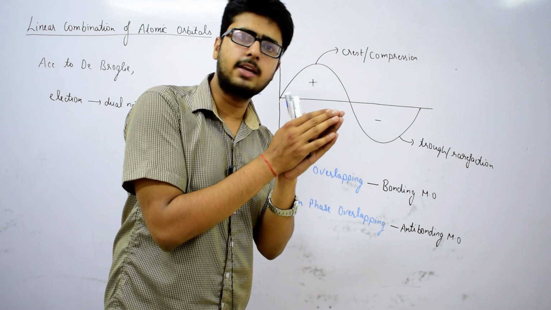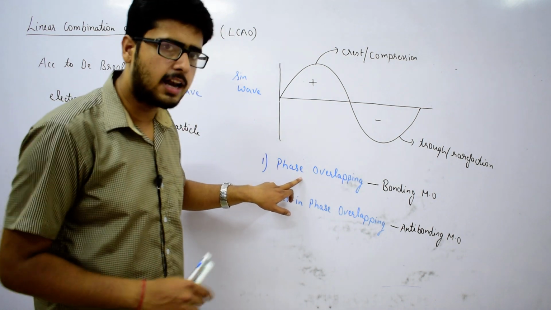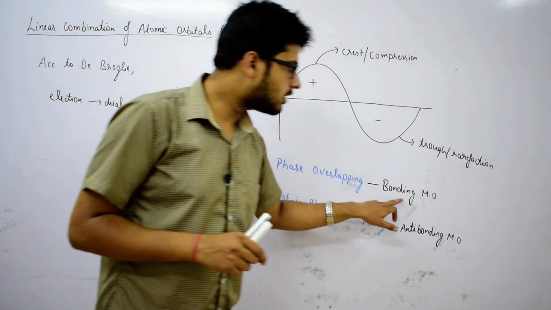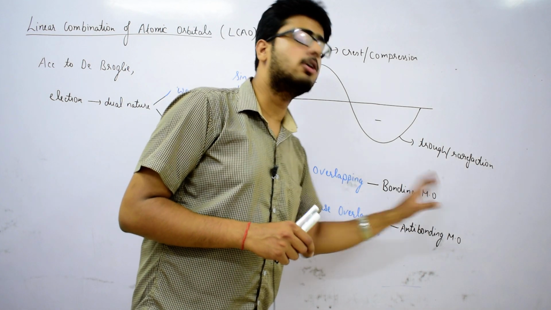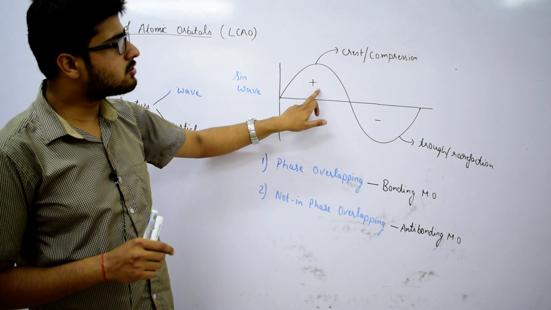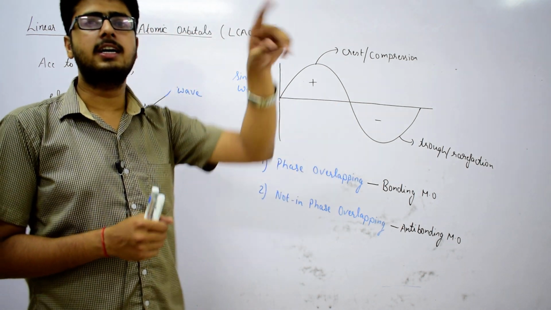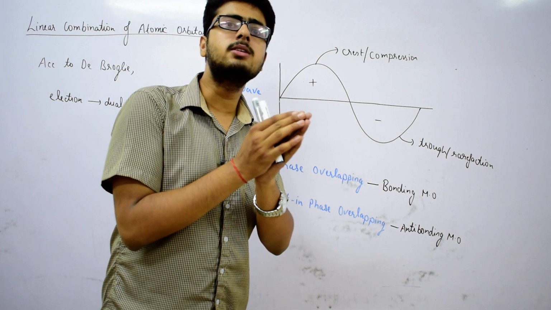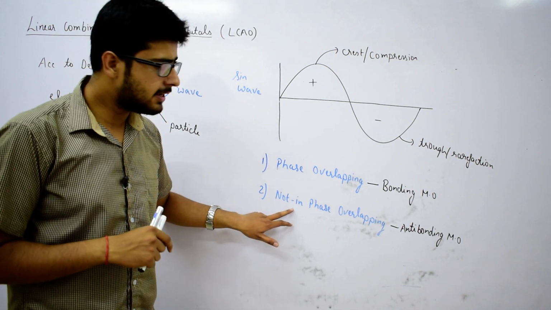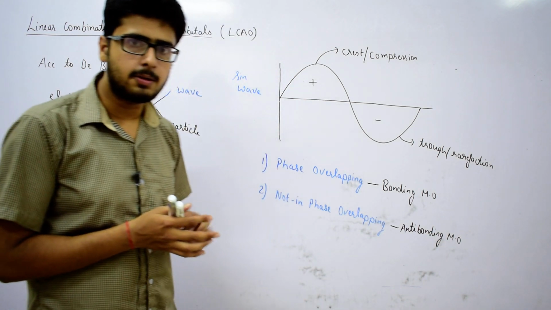If there is overlapping of crest of the two atomic orbitals or trough of the two overlapping atomic orbitals, then this type of overlapping is called phase overlapping, and as a result of phase overlapping, bonding molecular orbitals are formed. But if the crest of one and the trough of the second, or the trough of one and the crest of the second overlap, then this type of overlapping is called not in phase overlapping, and as a result antibonding molecular orbitals are formed.